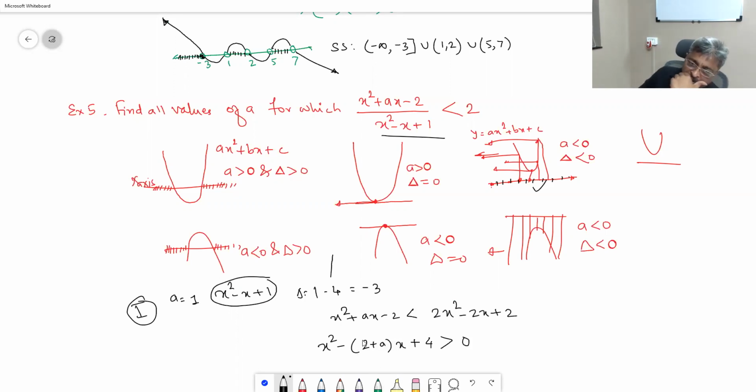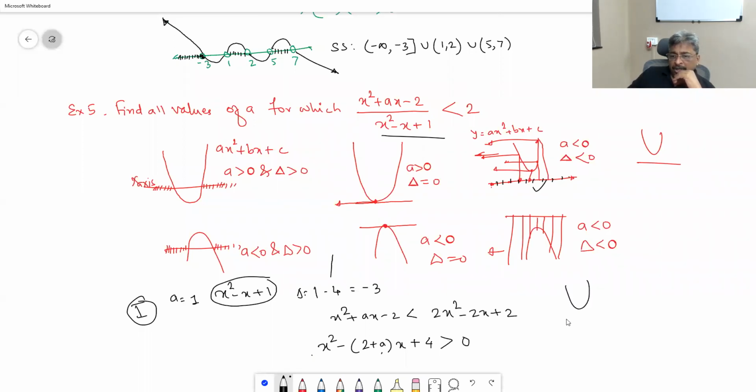Now you want this quantity to be always greater than 0 for any value of x. That is the requirement of this problem. Find all values of a for which the inequality holds, that means find all values of a for which this quantity is always greater than 0. Is the leading coefficient positive? Yes.